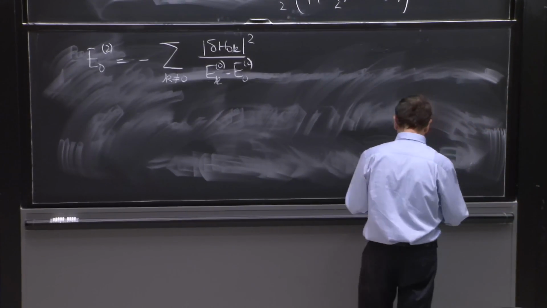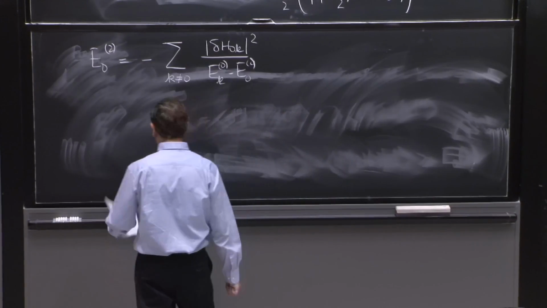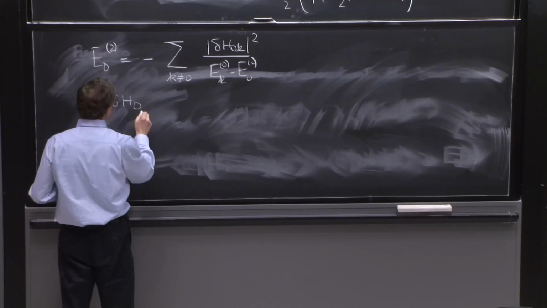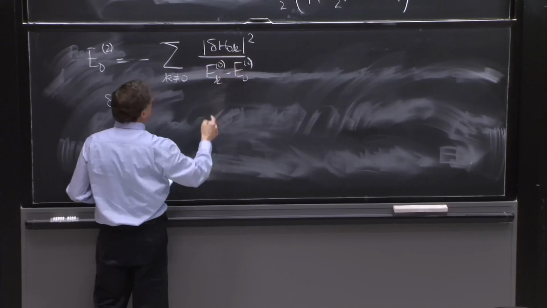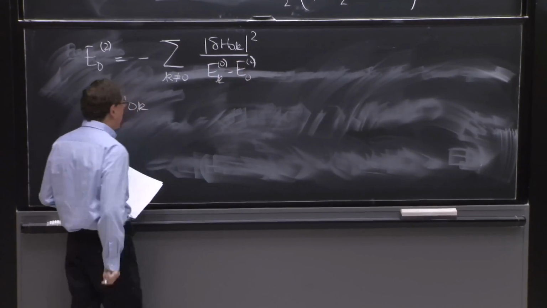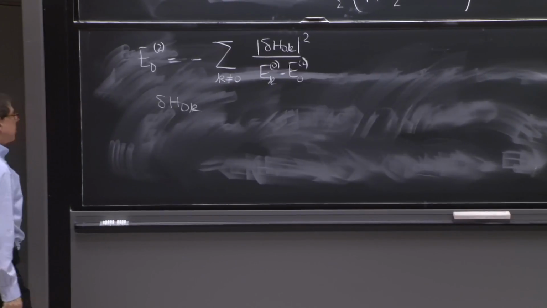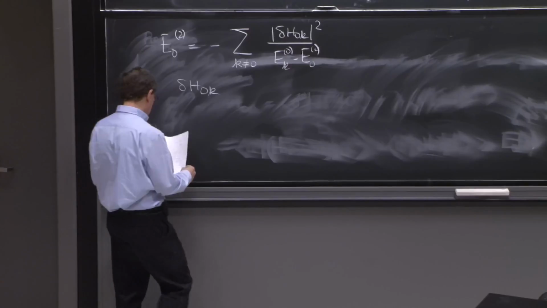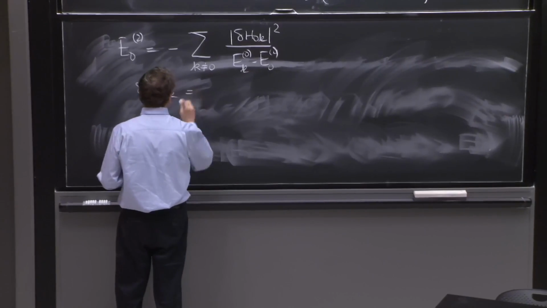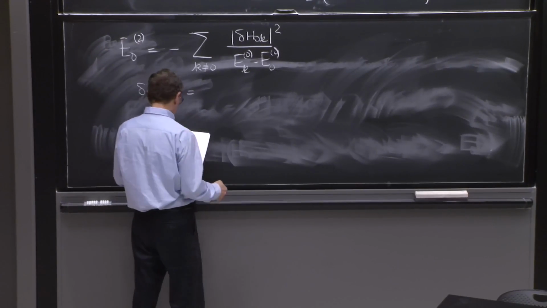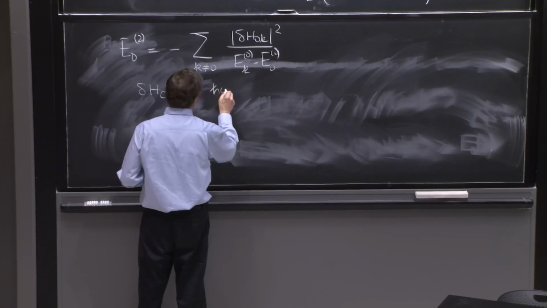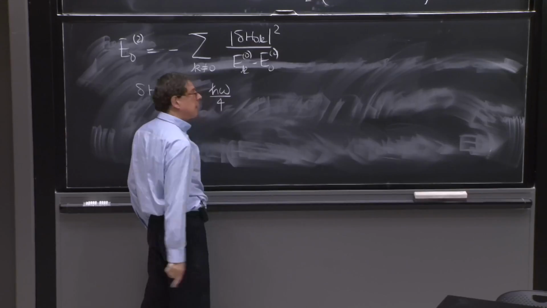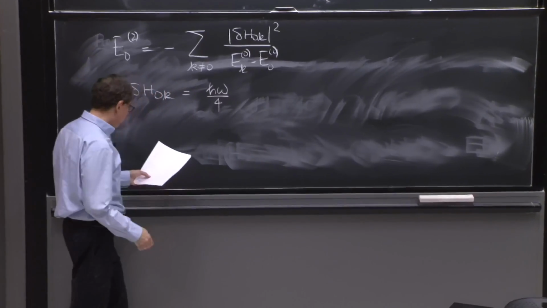So what do we have? ΔH_0k is what we need to calculate. The energy differences we know. These are the unperturbed harmonic oscillator energy differences. What we need is this object, which is ħω over 4. Remember what is delta H there in that box formula there.